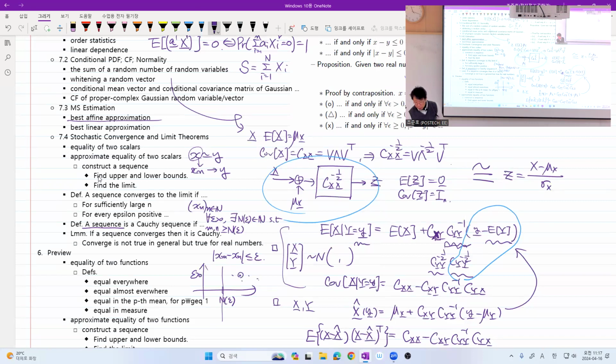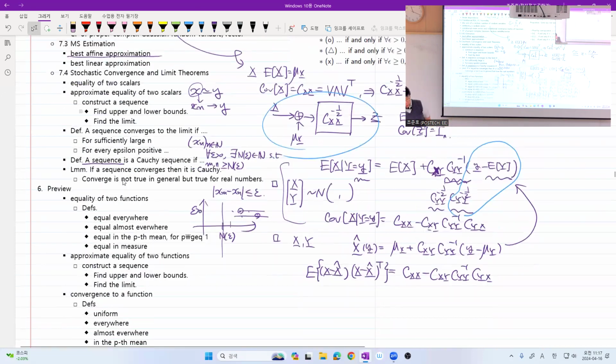Whatever two numbers you choose, their difference is less than epsilon. Here, it does not involve the limit. However, you can easily find that if your limit exists, so your sequence is convergent, then it's a Cauchy sequence. However, in general, the converse is not true.